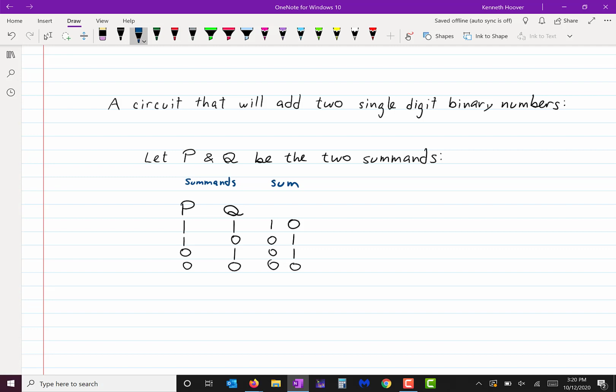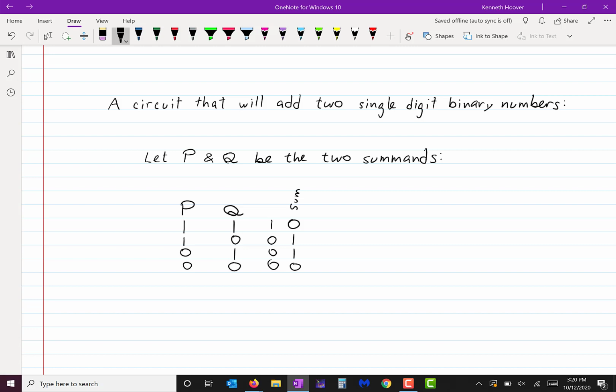Now, I want to split that sum, which is a 2-digit number, into 2 separate columns. I'm going to erase where it says summands and sum, because just to be consistent, I'm going to stick with the book. The book calls the ones digit of the answer the sum, even though the sum is really the whole answer.